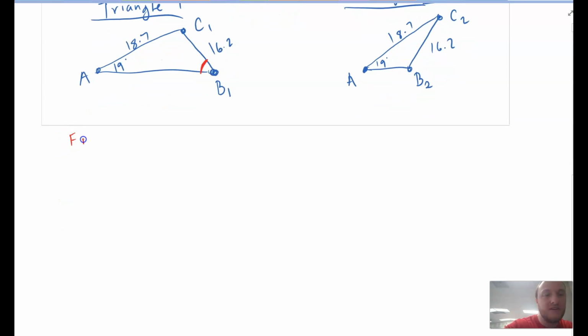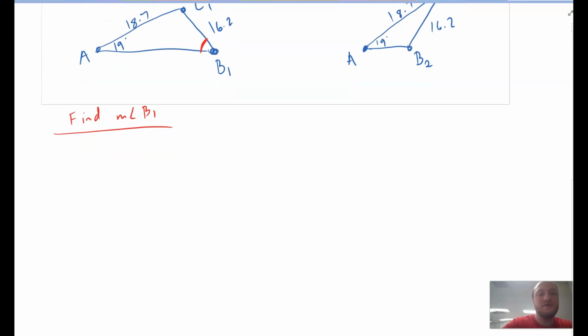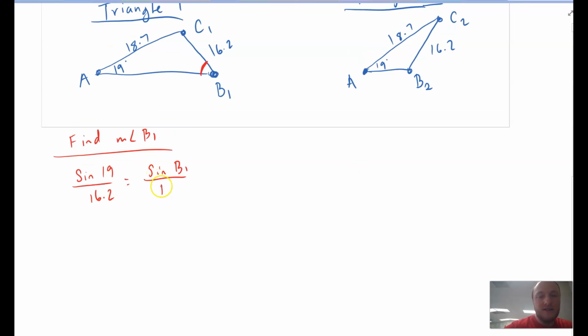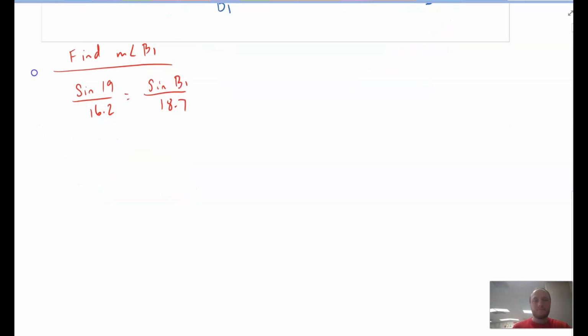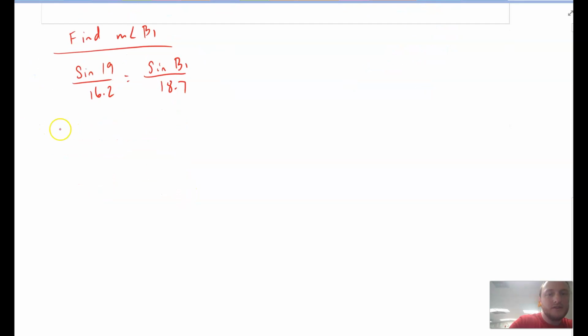So find the measurement of angle B1. How do we do this? This is the law of sines. The sine of 19 over 16.2 is equal to sine of B1 over 18.7. We have to solve for B1, so I'll cross multiply: 18.7 sine of 19 is equal to 16.2 sine of B1.